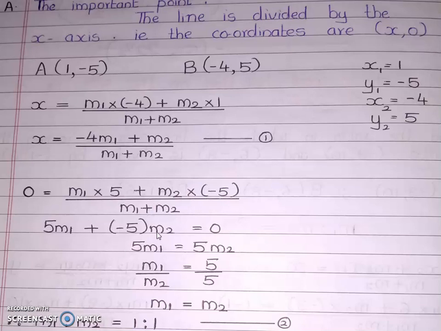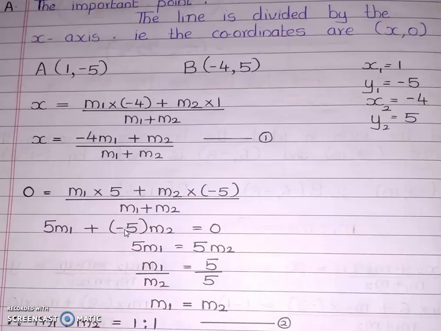If I cross multiply, what happens? m1 plus m2 into 0, that is gone. m1 plus m2 into 0 is 0 itself. So I'll get 5m1 minus 5m2 equal to 0.